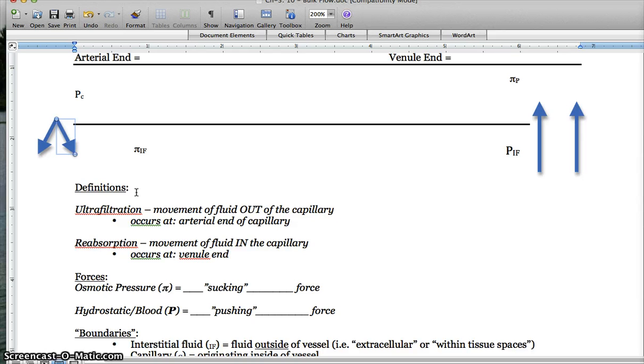It acts kind of like a vacuum that's going to suck up extra tissue fluid that has occurred as a result of this excess pressure at our arterial end. And so it's going to suck up all this extra fluid, return it to our cardiovascular system, and as a result we have homeostasis occurring.